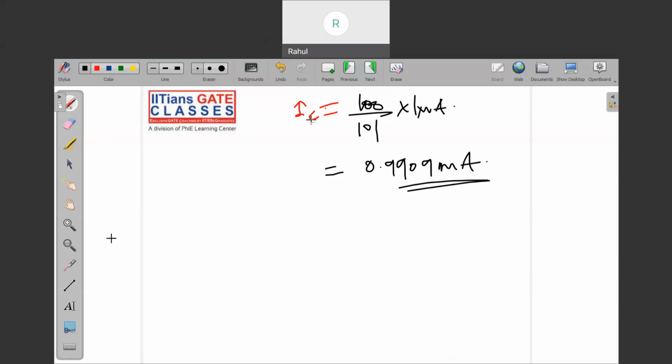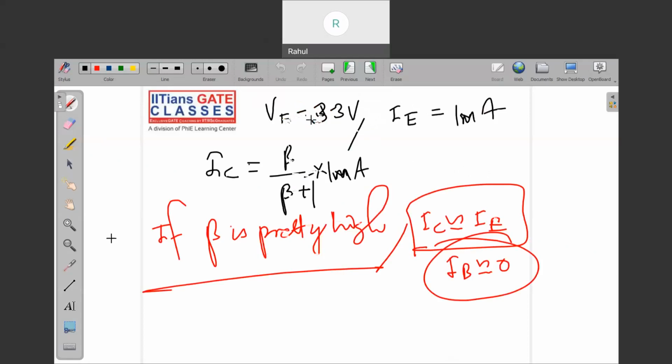This is only valid for the active region.